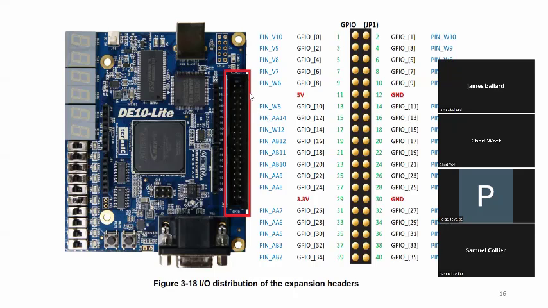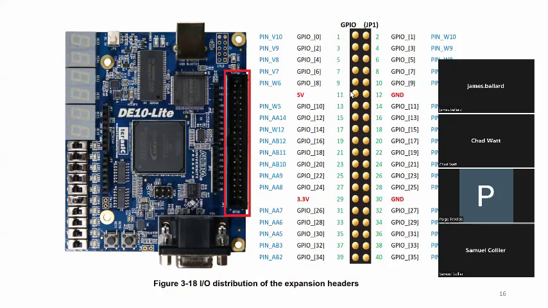This is a picture of my general purpose input output. Out of these, some can work with 5 volt, others with 3.3 volt. This is the 5 volt input, the ground, 3.3 volt output and ground.